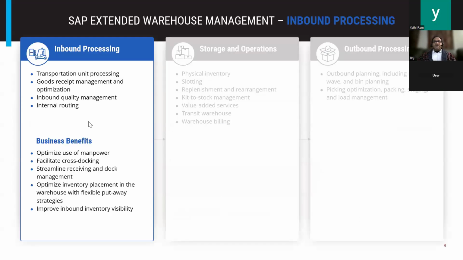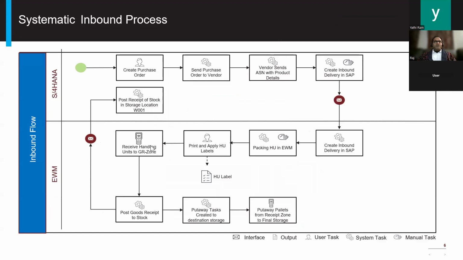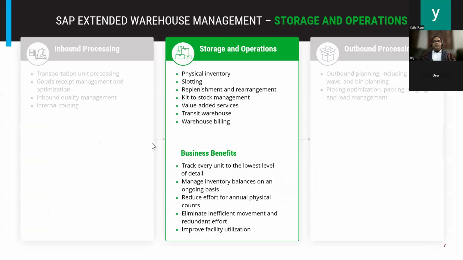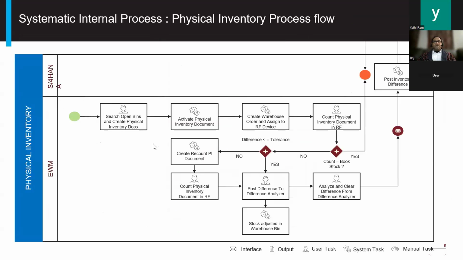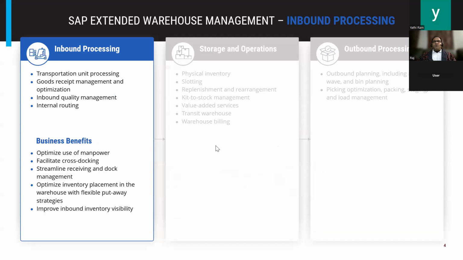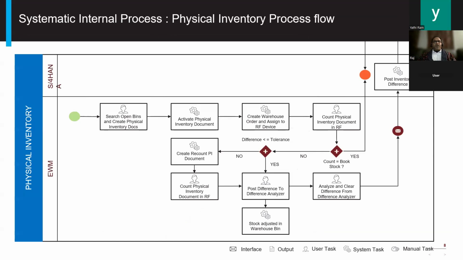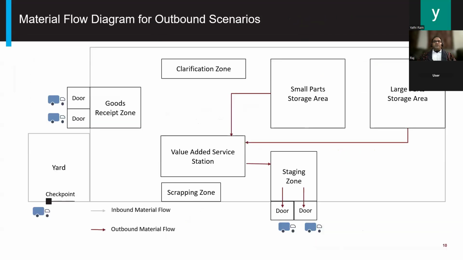Basically, I have prepared some things a little bit on my own. I don't know how far these make sense, but we'll see. I want you to cover these three: inbound, storage, and outbound. Apart from that, go ahead, please, Pradeep.